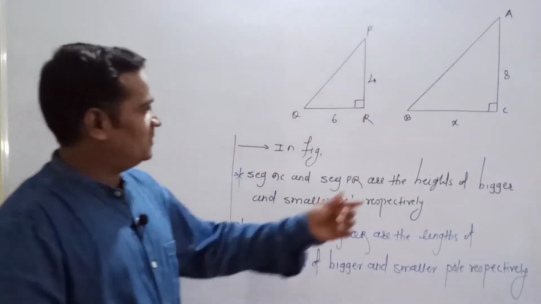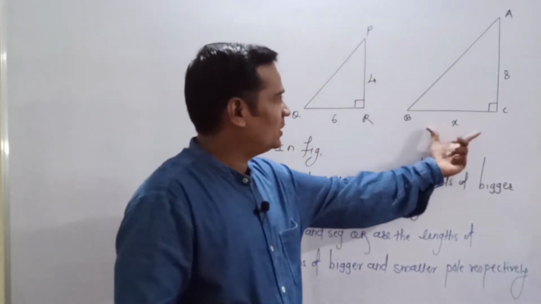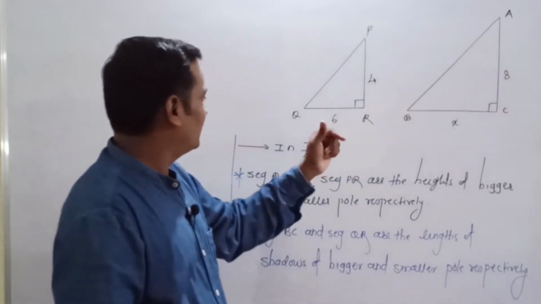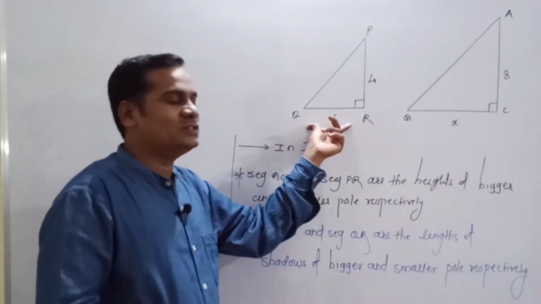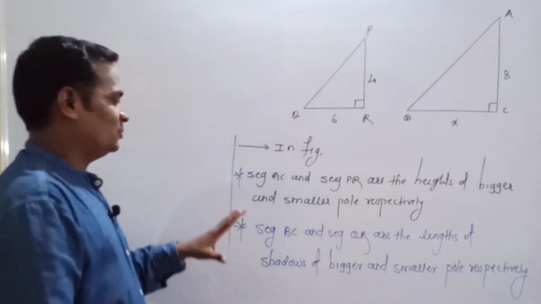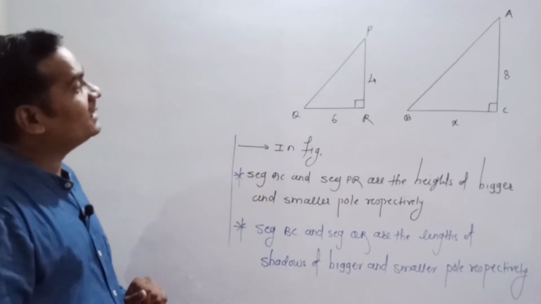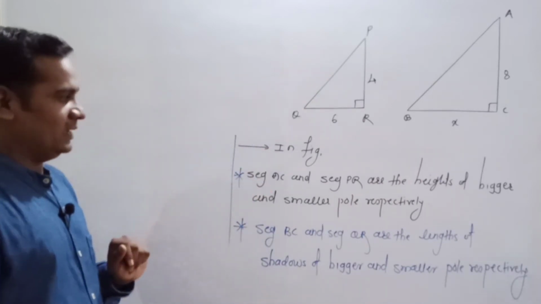So this BC is the length of the shadow of the bigger pole, this QR is the length of the shadow of the smaller pole. So this is the description of the two figures.